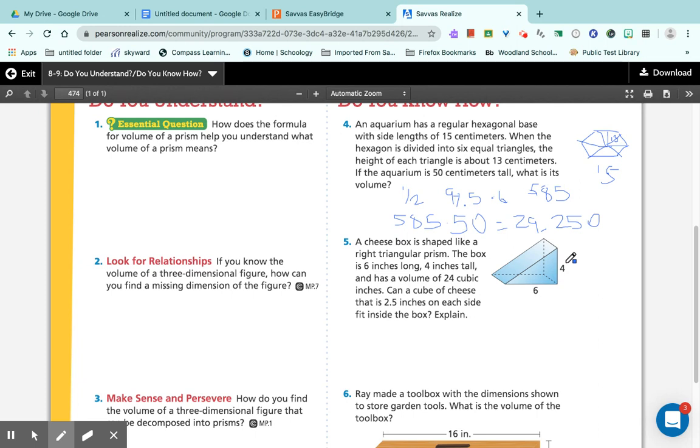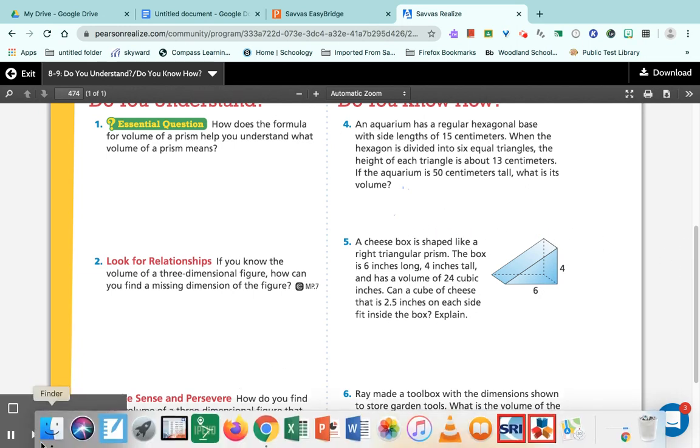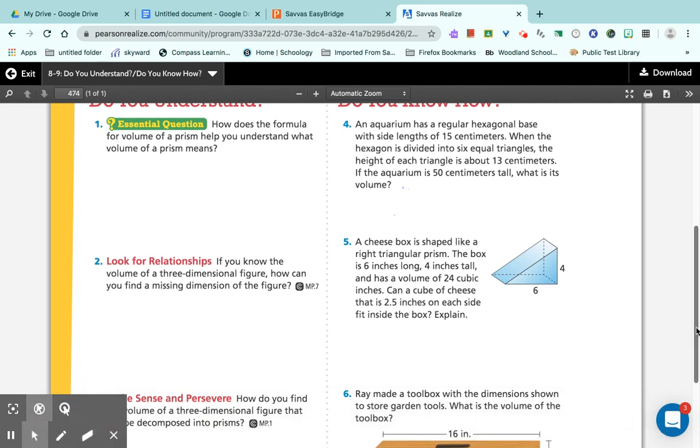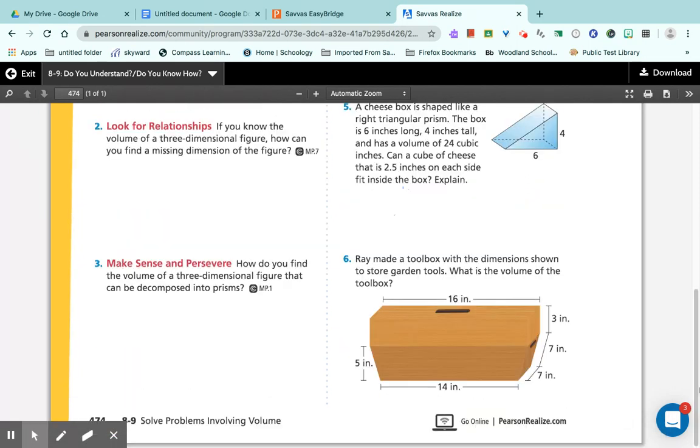Number 6, you have to do 2 separate pieces. For 6, you have to do the top lid separate from the bottom. So it's a toolbox, but then this top part, see where it's lighter color, darker color, that's where you would separate the two.